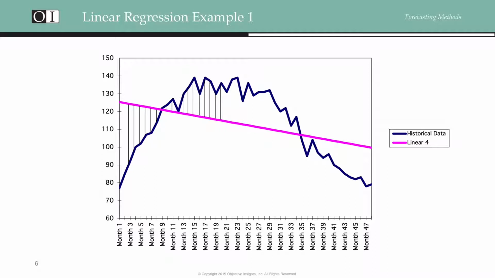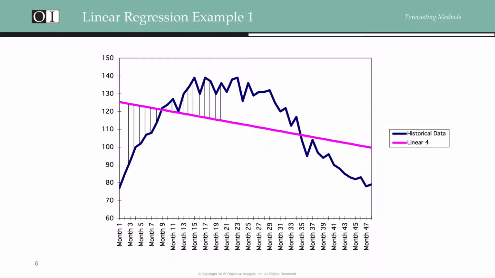And so what we do is we take the distance of each data point, each vertical gray line, we measure it and then we square it. And then we take the next one, square it, and add it to the first one. And then we take the next one, square it, and add it to the first two. And then we add all of those up all the way through the whole period.